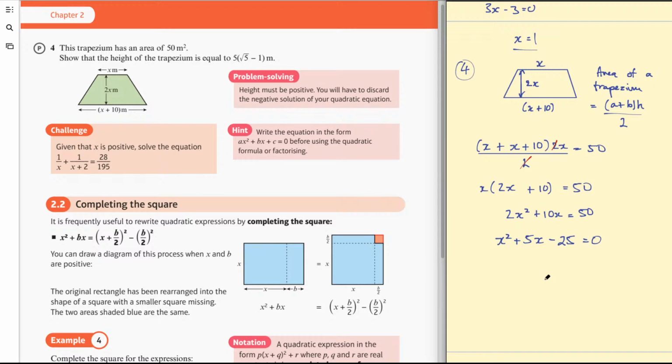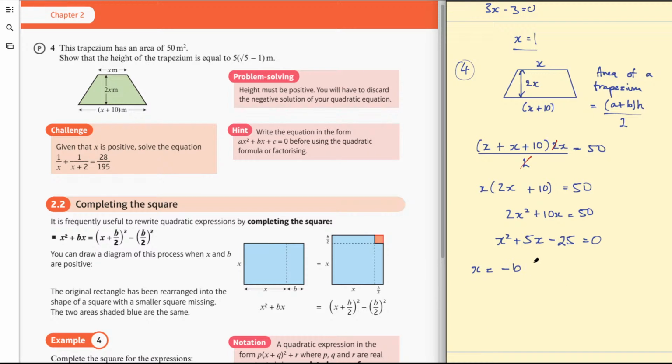Factors of 25 are 1 and 25, or 5 squared, and neither of those will sum to 5. So we can use the quadratic formula.